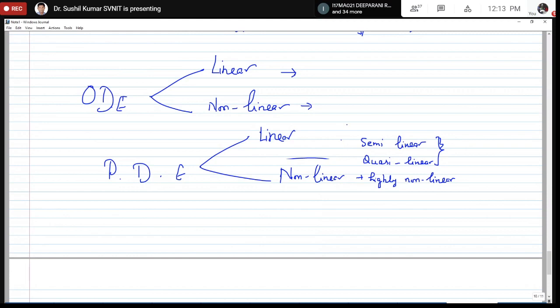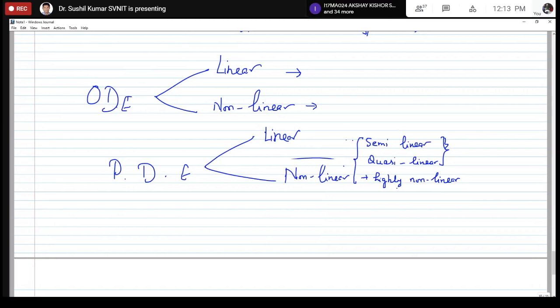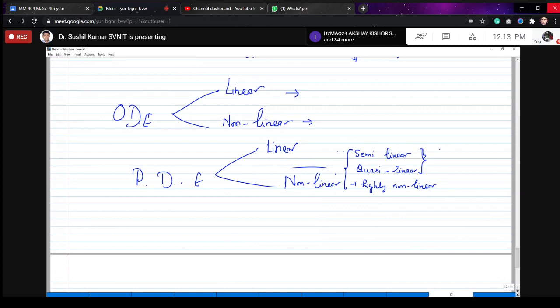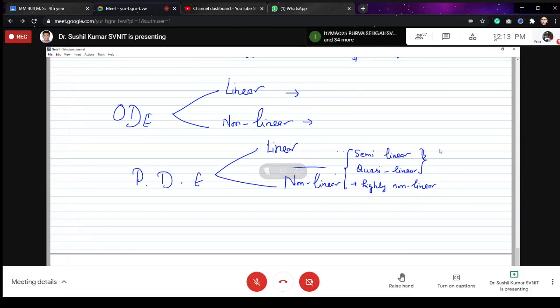These are the part of non-linear equation: semi-linear, quasi-linear, highly non-linear. All these three are non-linear equations. These are not linear.